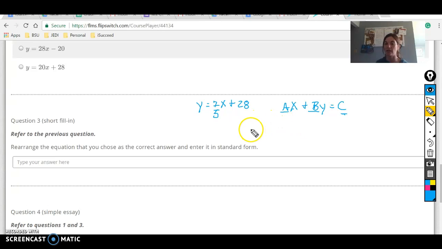So in order to get coefficients of x and y, I need to bring my x term over to my left-hand side, and I also need to get rid of this denominator, okay? So the first thing that I think I'm going to do is multiply every single term in this equation by 5.